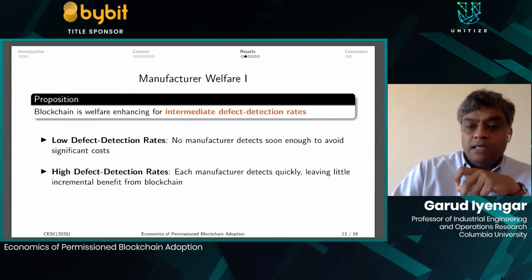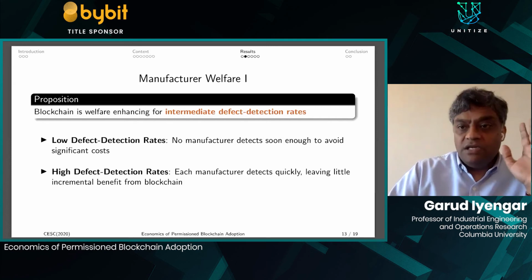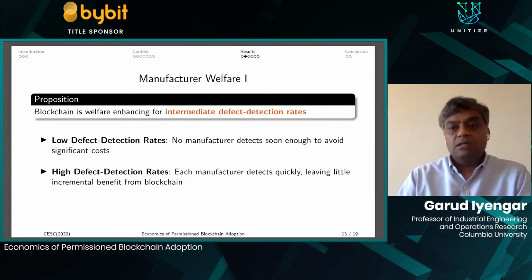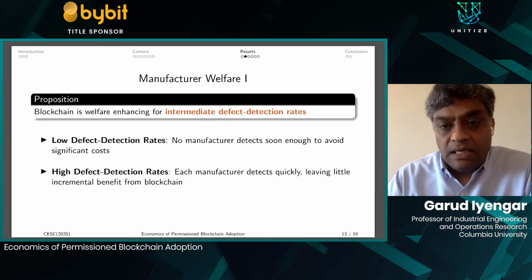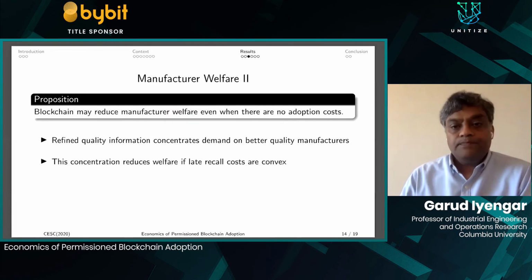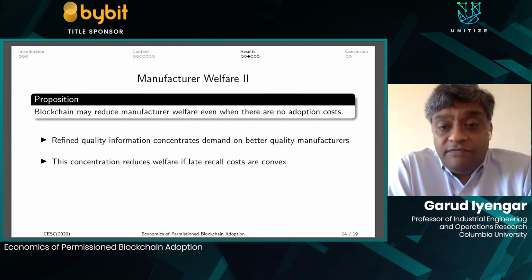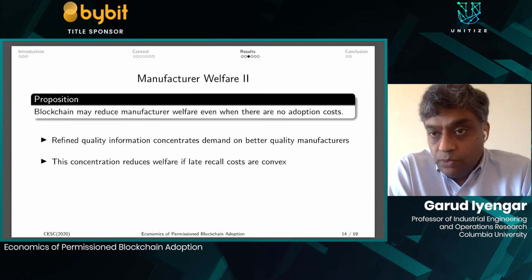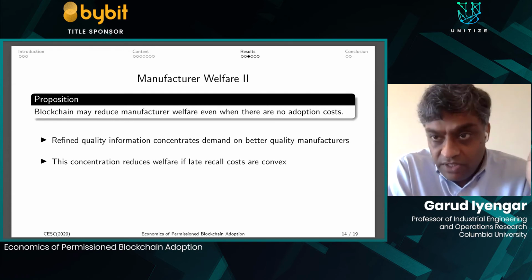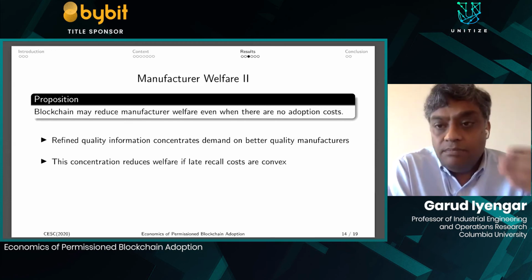Okay. So let's say that we are in that intermediate domain where manufacturers are indeed interested in the blockchain. What happens there? Well, it turns out that blockchain may reduce welfare even when there are no adoption costs. We are in the regime where detection rates are decent, in the intermediate range, so that a potential manufacturer is interested in being on the blockchain.